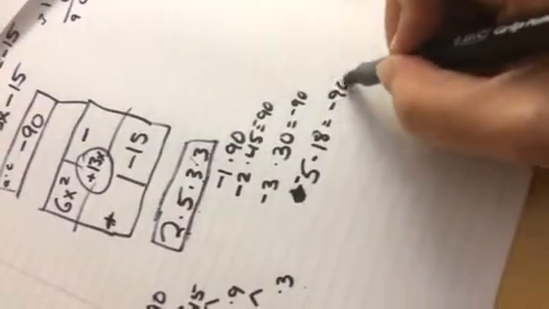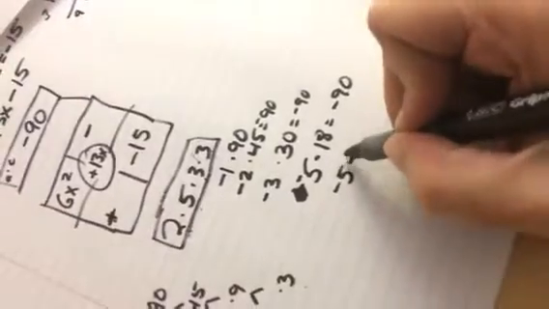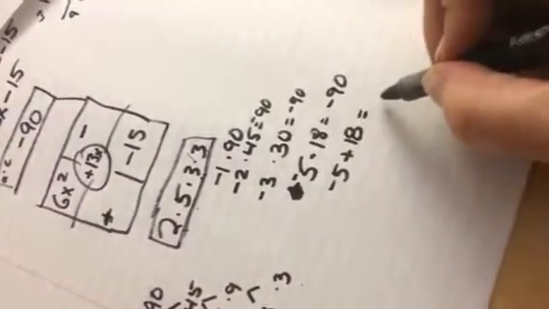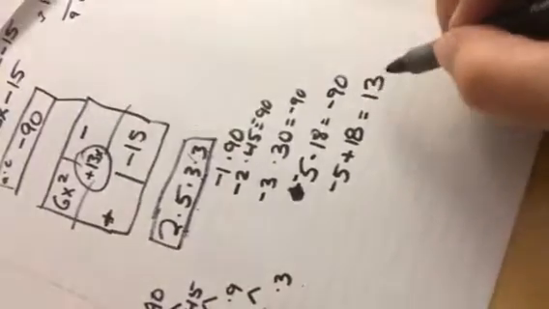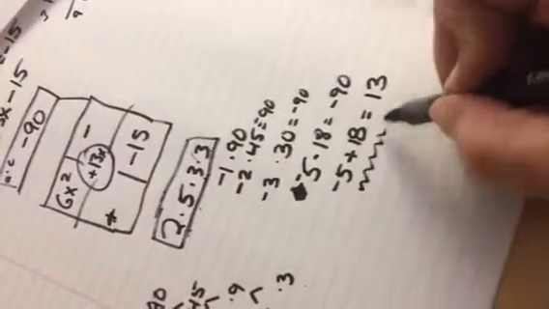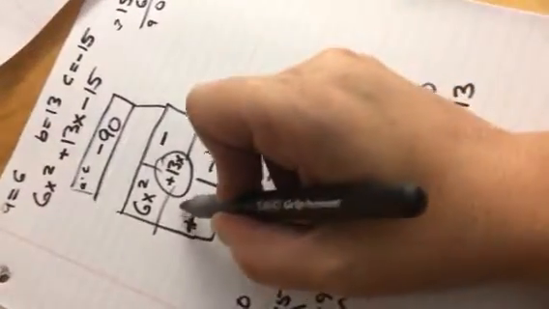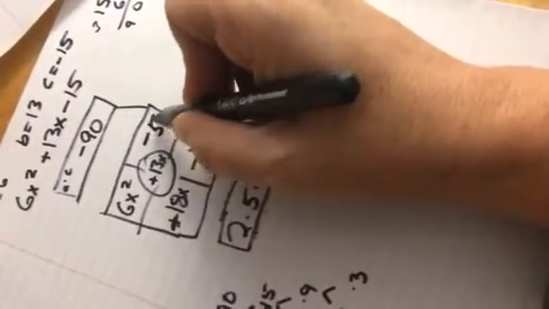Well, that equals negative 90, and if I add negative 5 plus 18, oops, I gave it away, my sum is 13. So I just found my numbers. So the 18 has to be the positive factor, and the 5 needs to be the negative factor for me to get a sum of positive 13.